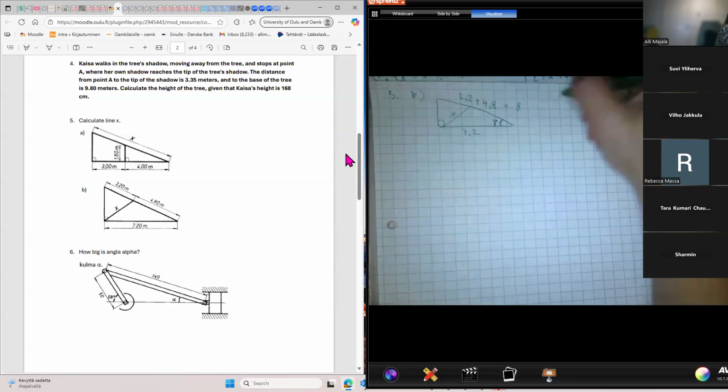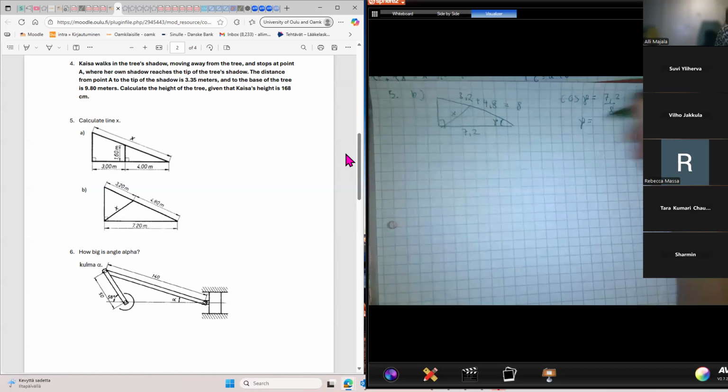So cosine gamma would be 7.2 divided by 8.